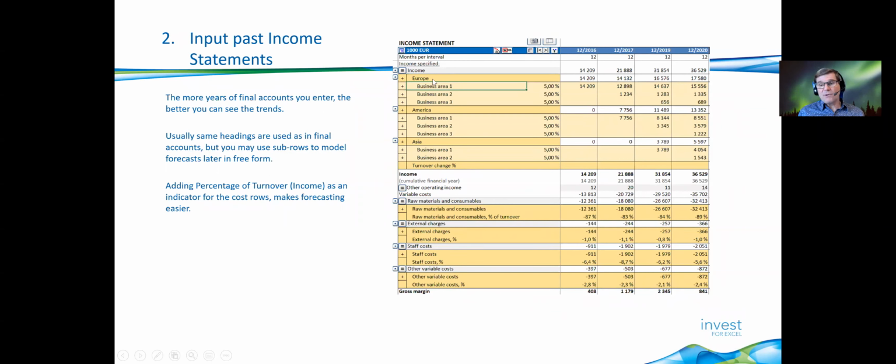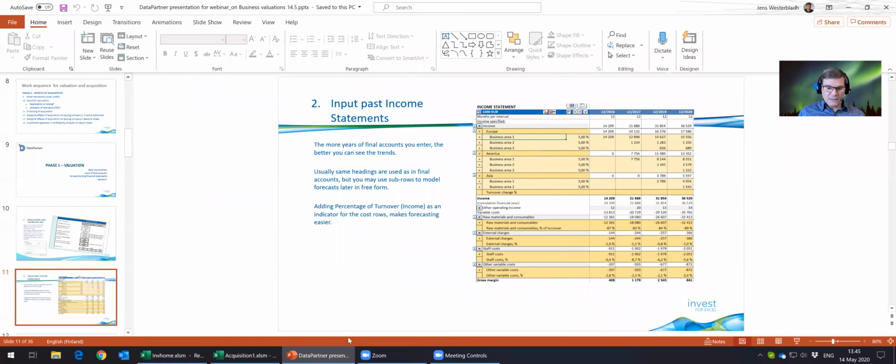Otherwise, you can use subrows to freely model any way you like the business, and it can be helpful also to put some extra, like here we put percentages for the costs, percentage of net sales or income. But let's look at it in the program.